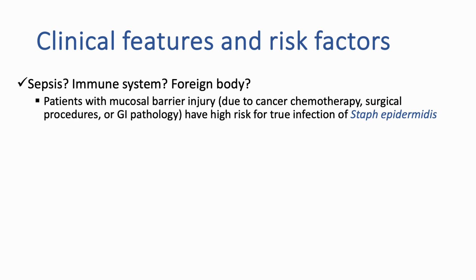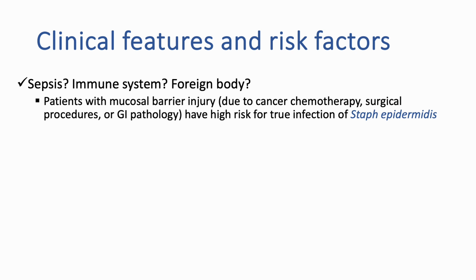So for example, patients with mucosal barrier injuries, such as patients who had cancer chemotherapy, patients who had surgical procedures lately, or patients who had GI pathology like mucositis that can potentially break the mucous membrane barrier. These patients have a high risk of a true infection with one of the common bacteria that's thought to be a contaminant, which is Staph epidermidis.